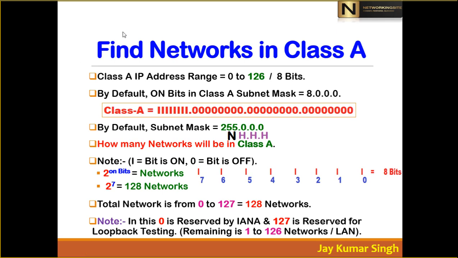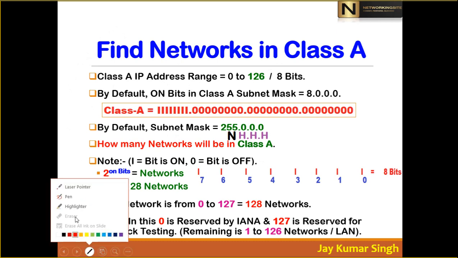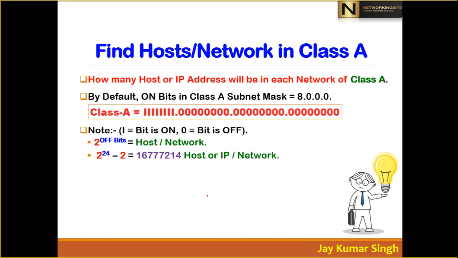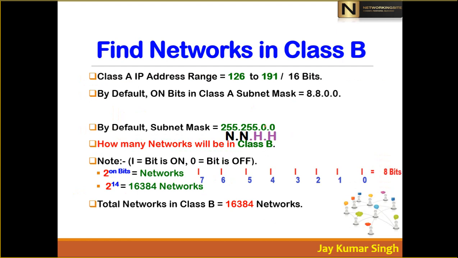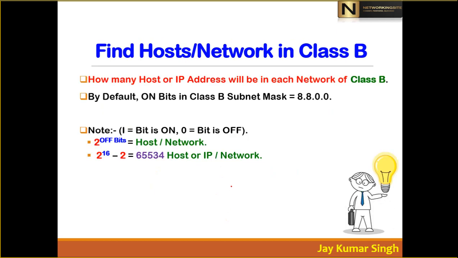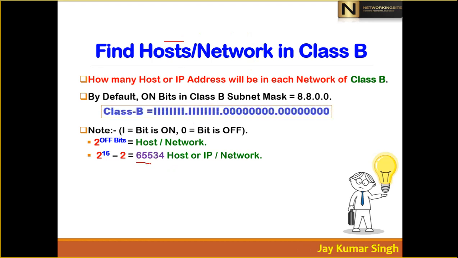About class, we already came to know about class A, how many networks there will be and how many hosts per network. The same thing in class B: there will be 16,384 networks, and in a single network, hosts per network will be 65,536 minus 2.